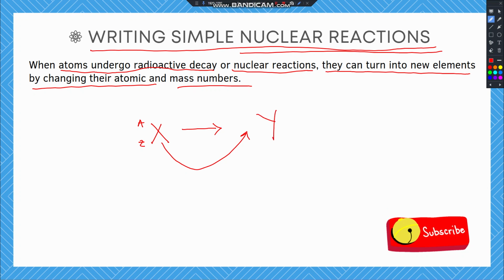That new element, let me call it Y, and then the atomic number can change from Z to maybe B, and the mass number can change from A to maybe C. So it has changed because it lost some values from its mass number and also from its atomic number. Now let's see how that happens in the next slide.